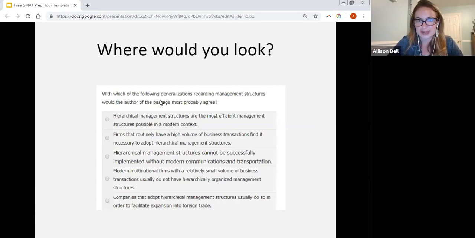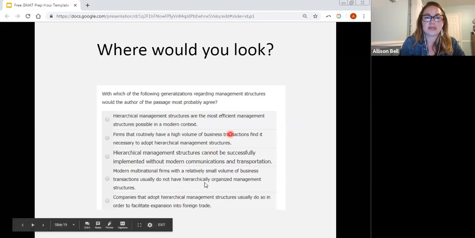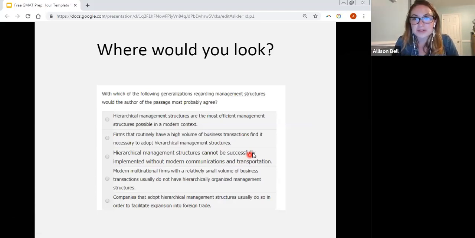For a question that is just open-ended, like which of the following would the author agree with, what I'm typically going to do is take a quick scan of the answer choices just to see what kind of language is popping up frequently here. But then this is going to be a question that's going to take me longer because I'm going to have to go through these answers one at a time and find ways to validate or invalidate them.